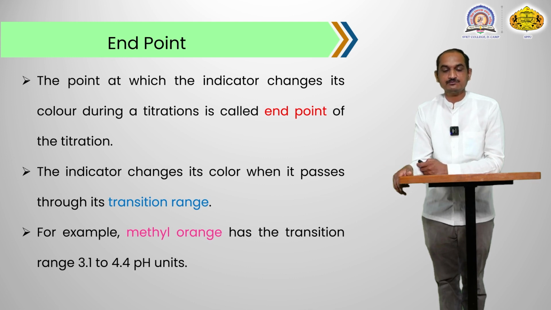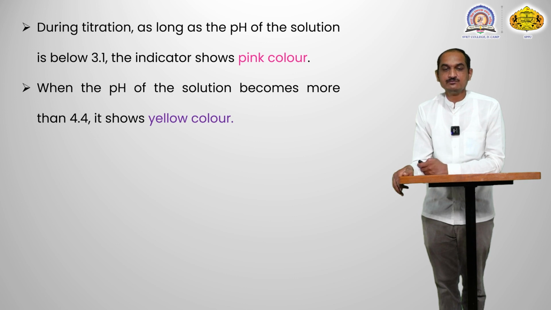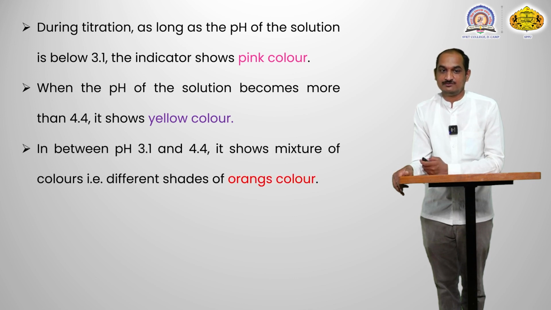For example, the indicator methyl orange has a transition range of 3.1 to 4.4 pH units. During titration, as long as the pH of the solution is below 3.1, the indicator shows a pink color. When the pH of the solution becomes more than 4.4, it shows a yellow color.